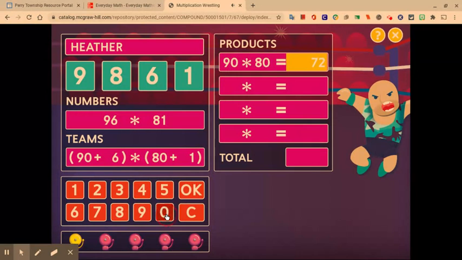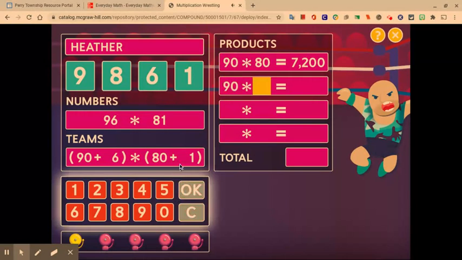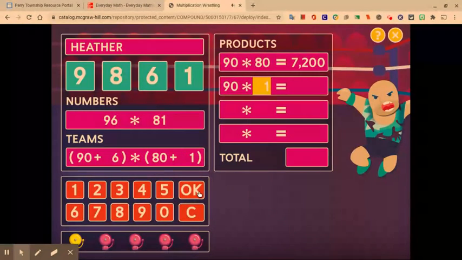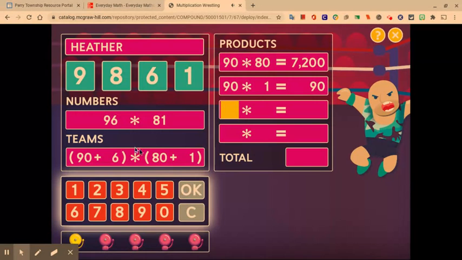There's a 0 on the 90 and a 0 on the 80. Click OK. Now I'm going to do my first number, 90, times my second number, 1. Click OK. My answer is 90. I click OK. Now, if you notice, I've done 90 by both of these numbers. Okay, this is our partial products.